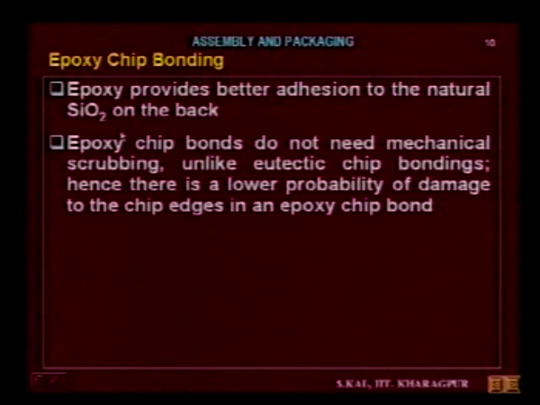Epoxy chip bonds do not need mechanical scrubbing, unlike eutectic chip bonding. Hence, there is a lower probability of damage to the chip edges in an epoxy chip bond. If you need mechanical scrubbing at the backside of the wafer, there is a chance of damage on the actual chip edges.